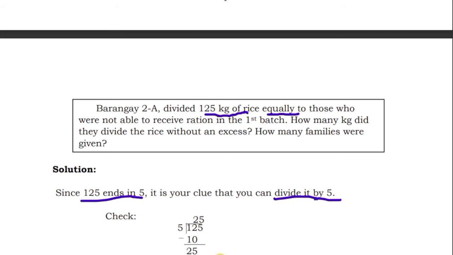So we now have a remainder of 0, and it means that the barangay will be able to divide the rice equally among the families in that barangay.